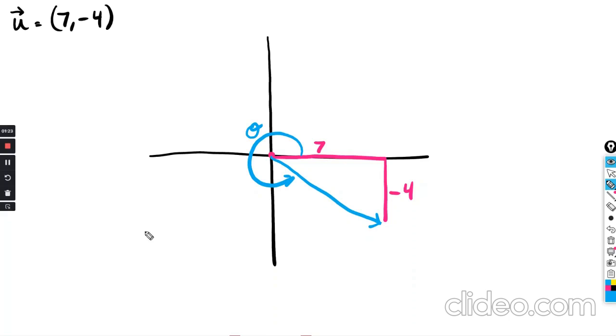So we're trying to find this angle here. We can use this angle right in here as a reference angle in order to label the triangle. Across from this reference angle is the opposite side.